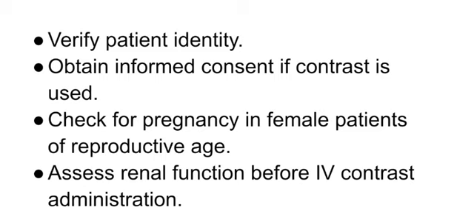The consent form will have the details of the patient, their allergic reactions, their urea and creatinine level, and also any abnormalities or allergic reactions to contrast or any injection given in earlier studies.